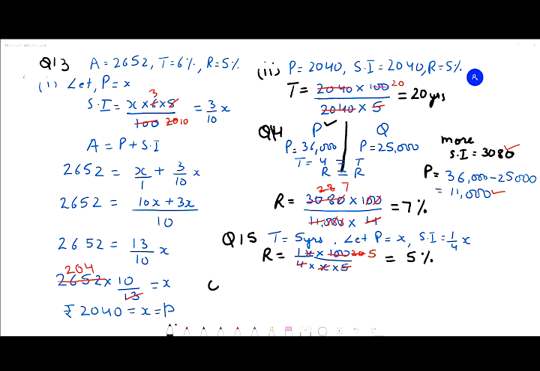Moving to the last question of this exercise, 16. Simple interest earned on a certain sum is 30%. Time is given 5 years.